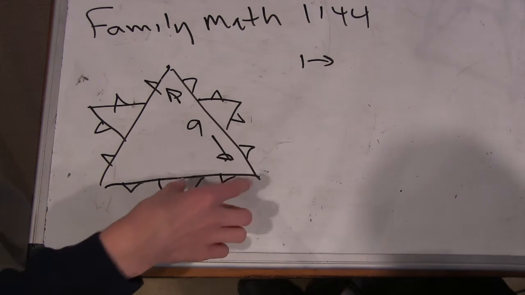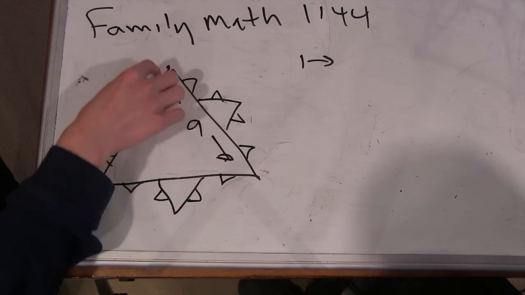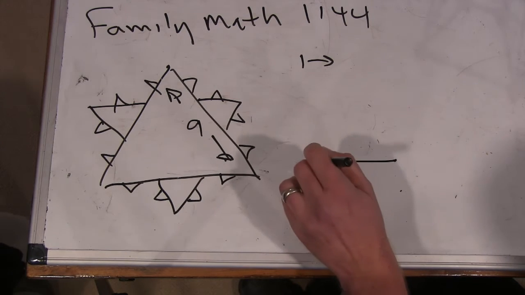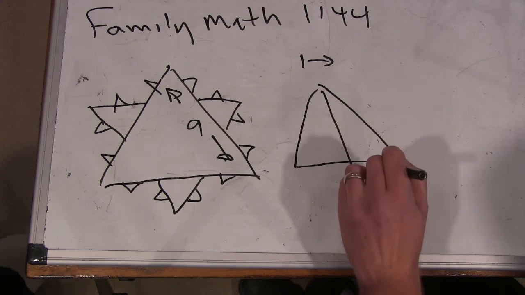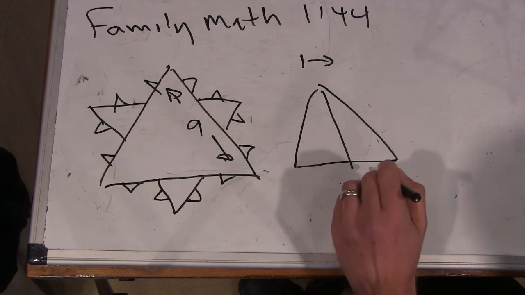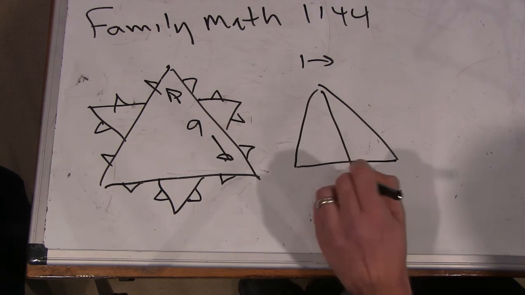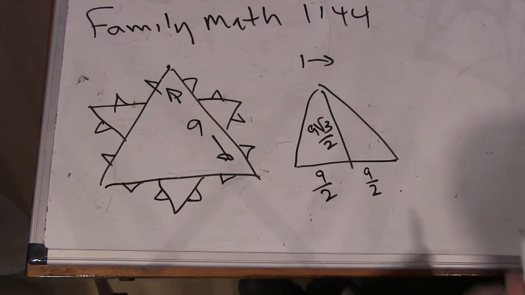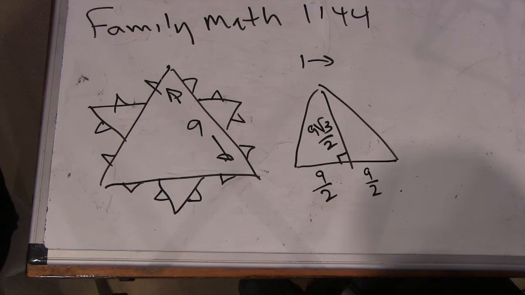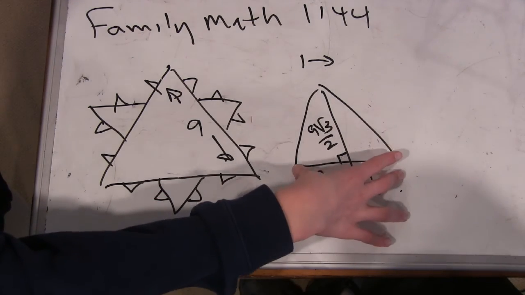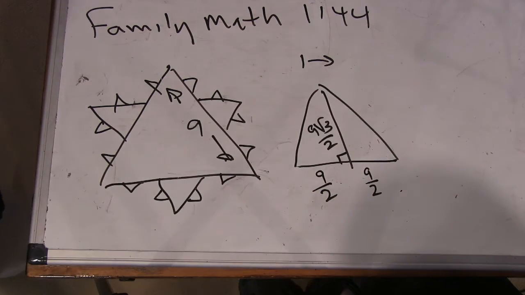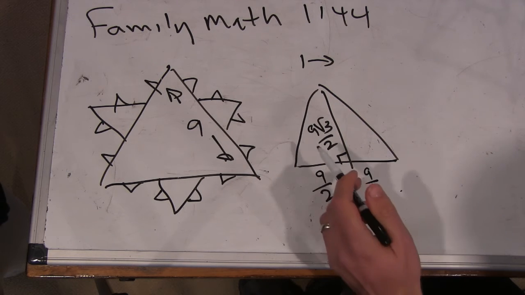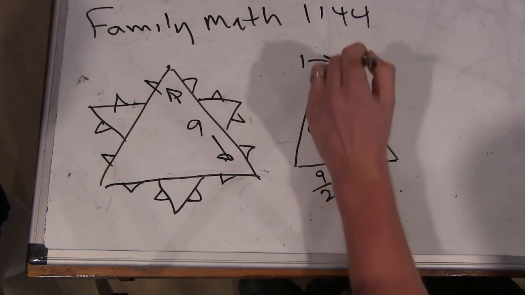Okay, so you're saying this is, I'll call it 9 halves, and then the height is 9 root 3 over 2. Okay, so what's the area? 81 root 3 over 2, or 81 root 3 over 4. Why? Because you have 9 times 9 root 3 over 2 over 2. Okay, so we got 81 root 3 over 4.